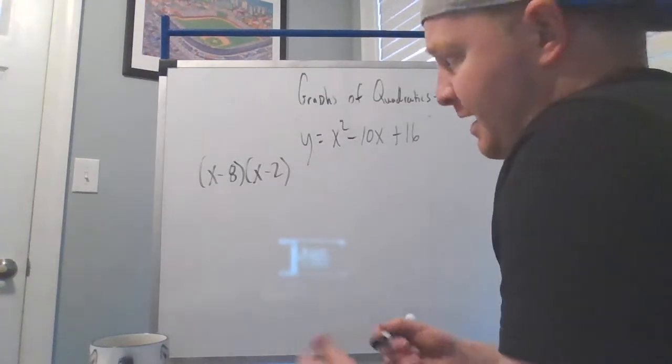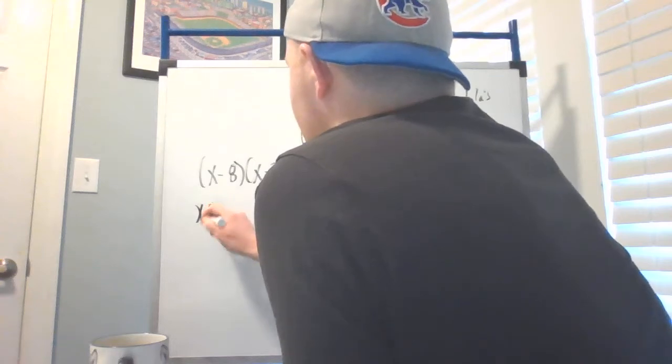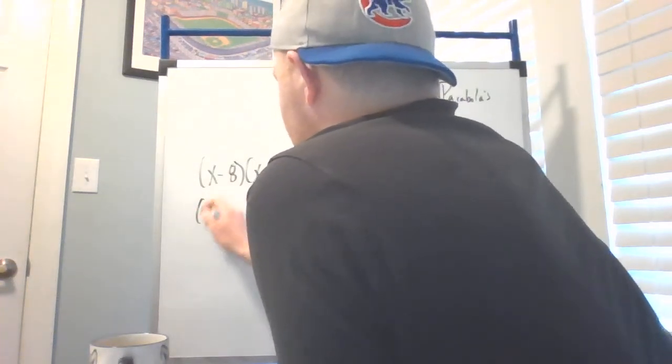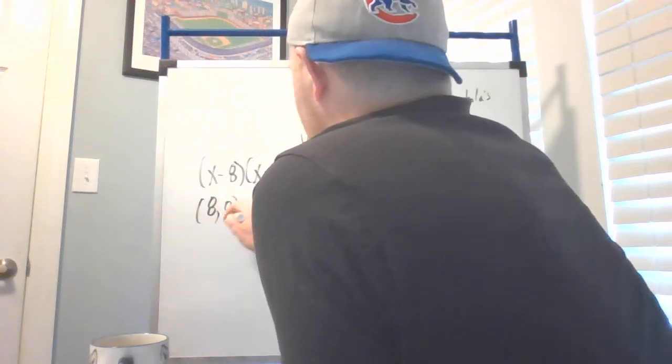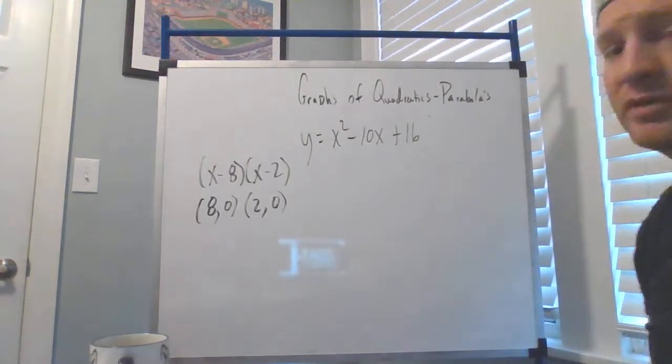So right off the bat, one solution is going to be 8, 0, another solution is going to be 2, 0. Those are my two solutions, or my two zeros.